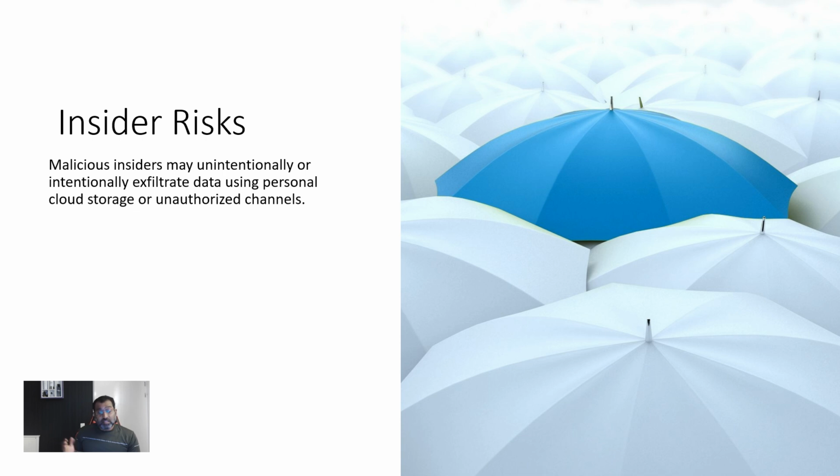So insider risks are more subtle and also more dangerous. Whether it's an employee accidentally uploading files to a personal storage or someone intentionally leaking data, both can happen, right?